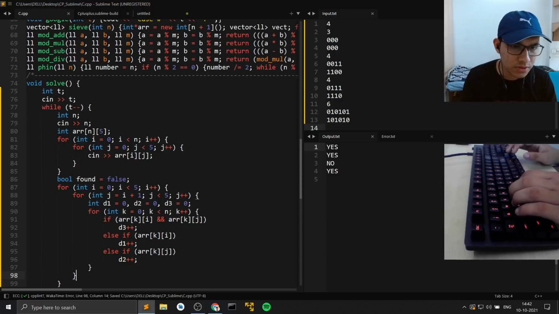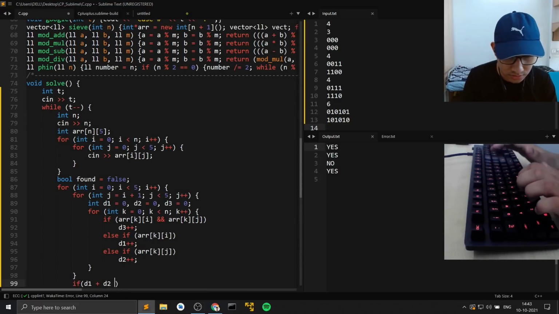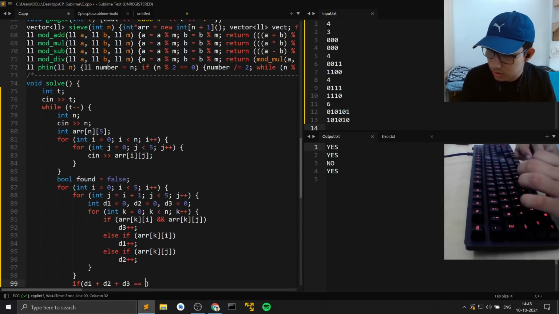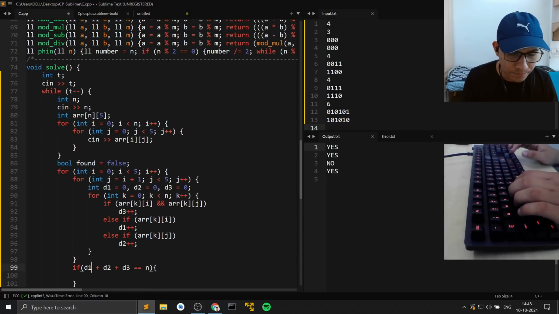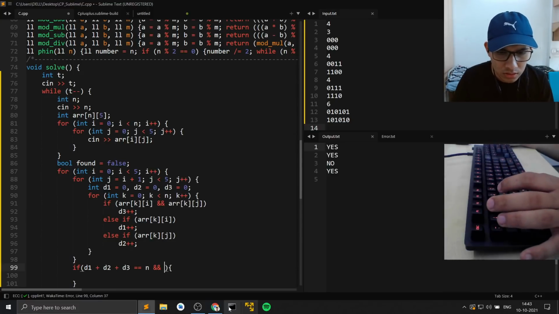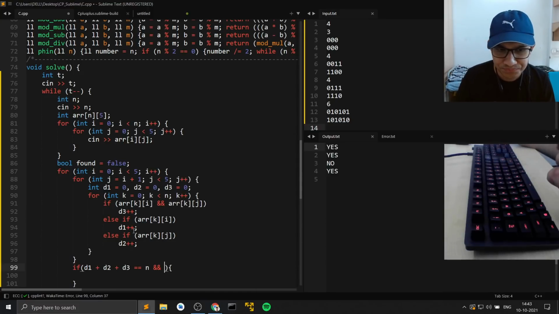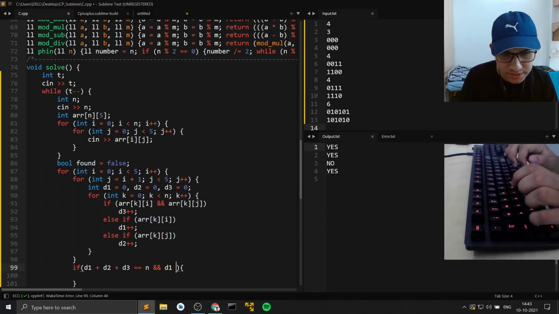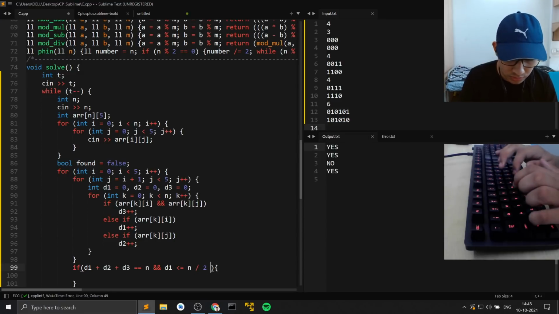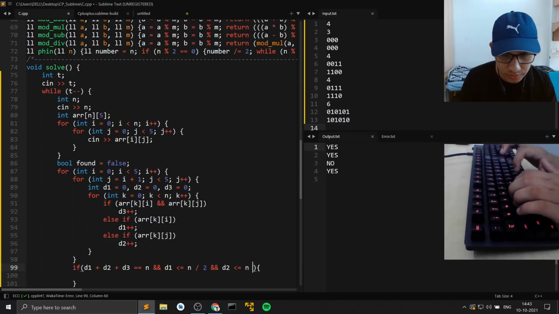Now, first of all, if D1 plus D2 plus D3 equals n, that is the first thing. And D1 is less than or equal to n by 2, and then D2 is less than or equal to n by 2.